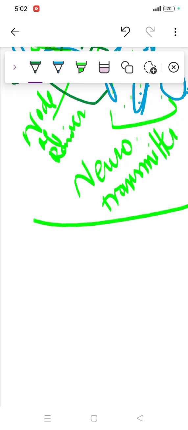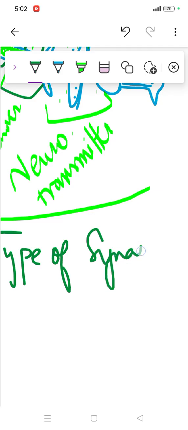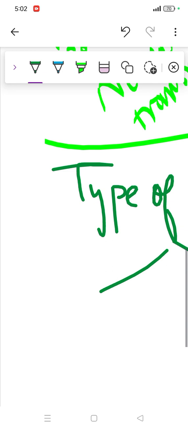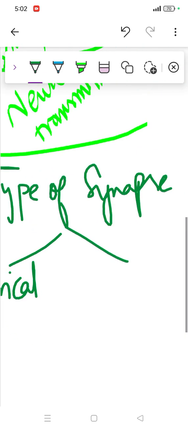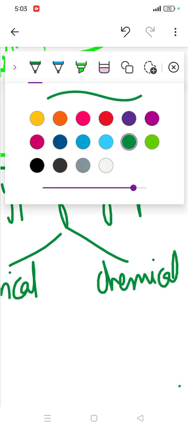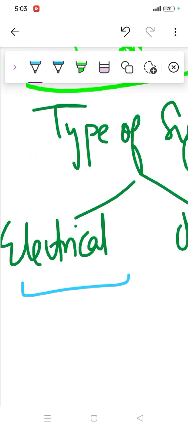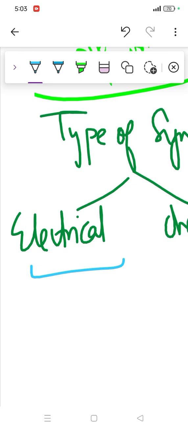Then come the types of synapse. Basically we have two types: electrical and chemical. In chemical, we discuss the neurotransmitter.